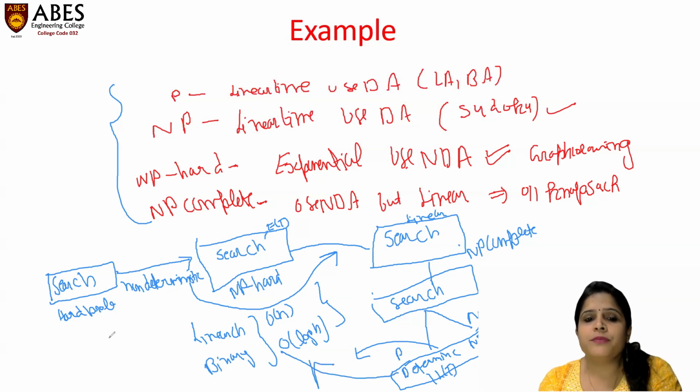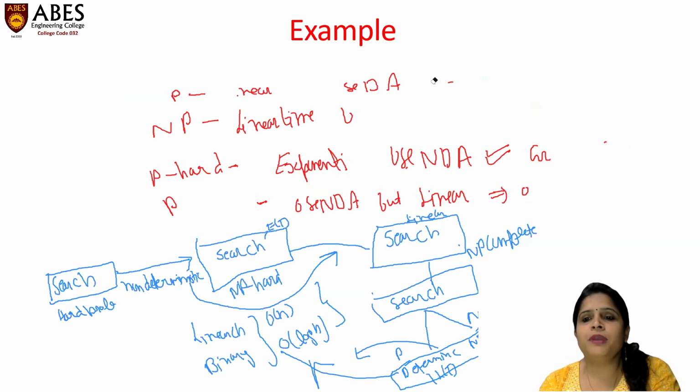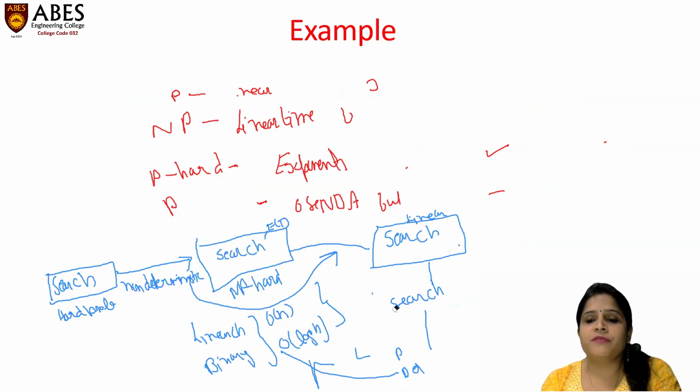Okay, so this is the basic approach to the theory of NP completeness. I hope you understand the concept. Basically, we classify problems on the basis of their complexity.